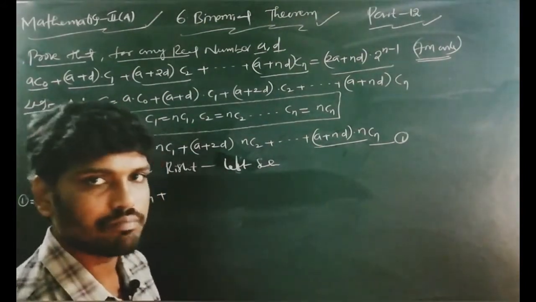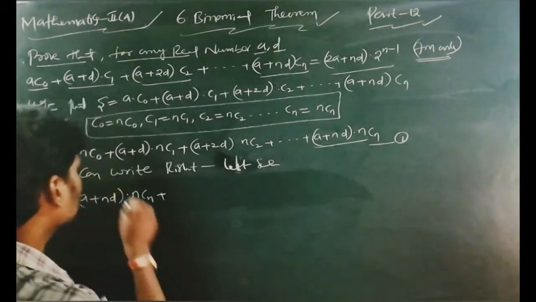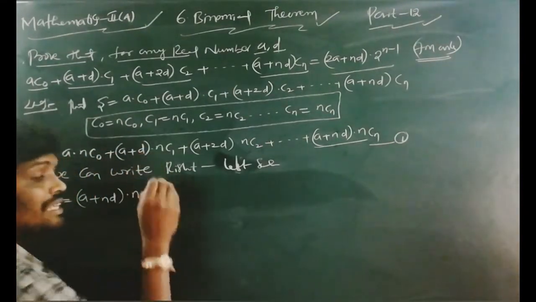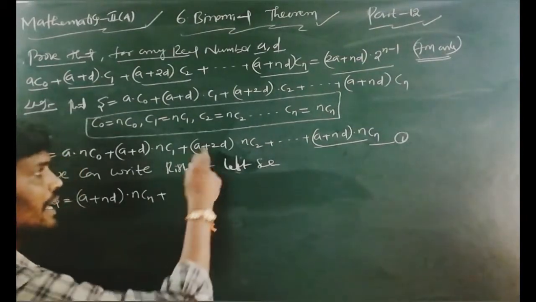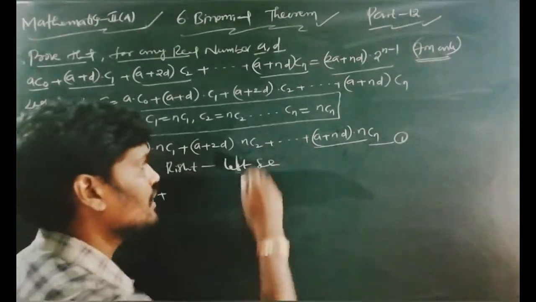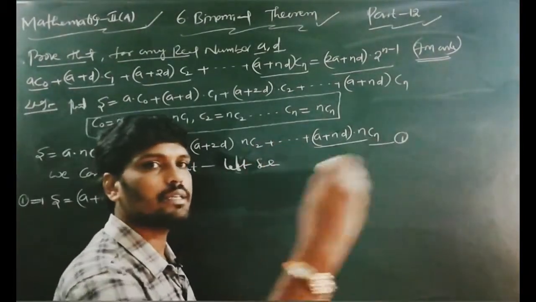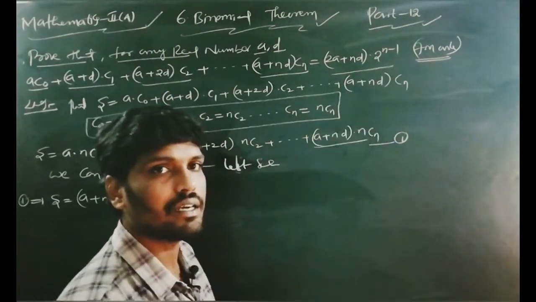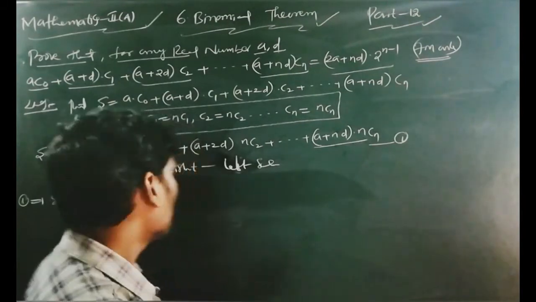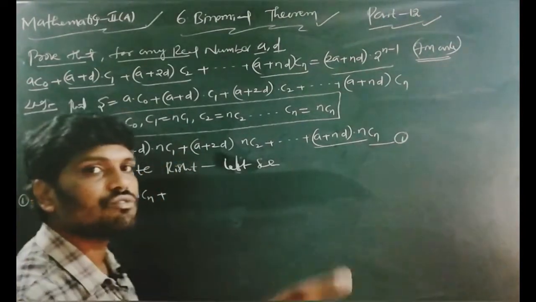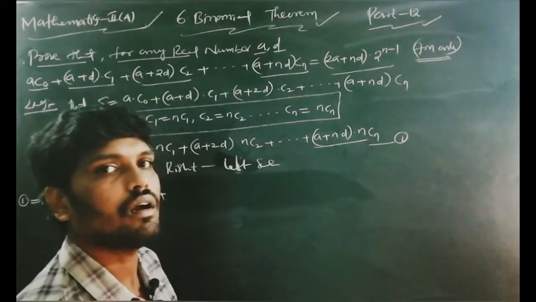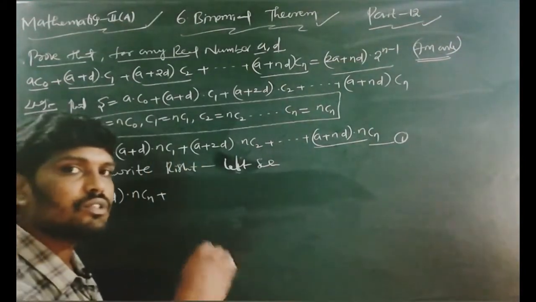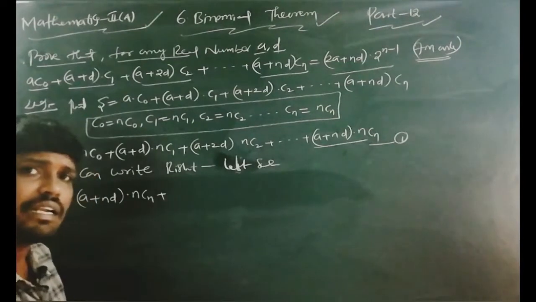What is the second term? Observe this sequence: a+0d is there, a+1d, increasing by 1, a+2d, increasing by 1, next term a+3d, a+4d, a+5d, up to the last term a+nd. Here, left to right, the d terms increase by 1, and right to left they decrease by 1.